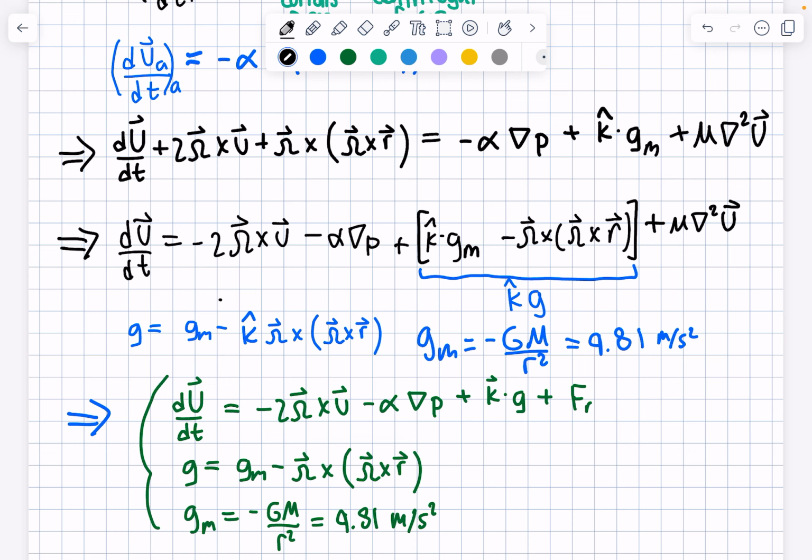So as we see here, G is defined as gm, and we can say it is minus k dot this term, and where gm is again defined as negative gm over r squared, which is equal to negative 9.81.